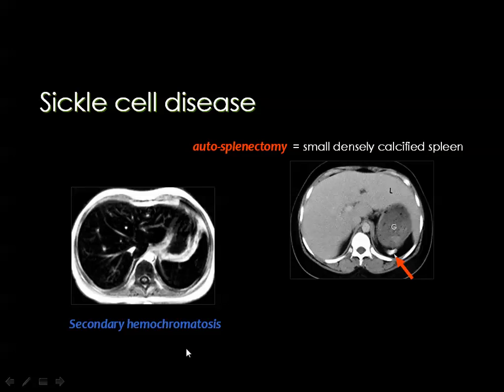to secondary hemochromatosis, and you know this by the marked loss of signal of the liver and spleen, and you compare this signal by the signal of the muscles. And you know that iron is not deposited in the muscle. If it is in the spleen and in the liver, you compare by the signal intensity of the muscle.